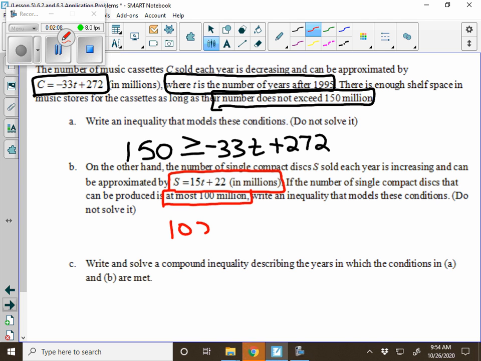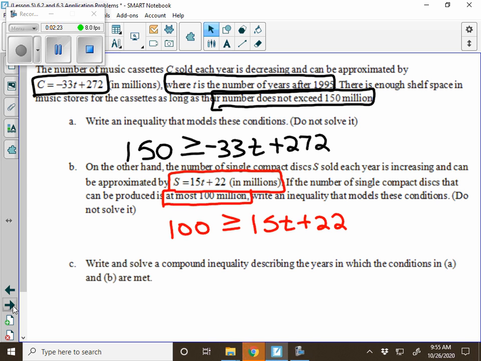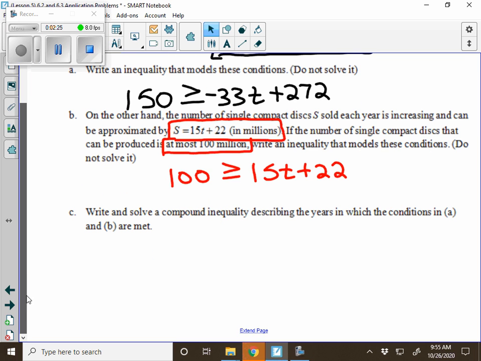So we have 100 million as the number we're comparing it to. The number sold has to be at most that, so it's on the other side of that inequality. We can equal it, but we can't exceed it. Now C is describing both of these.